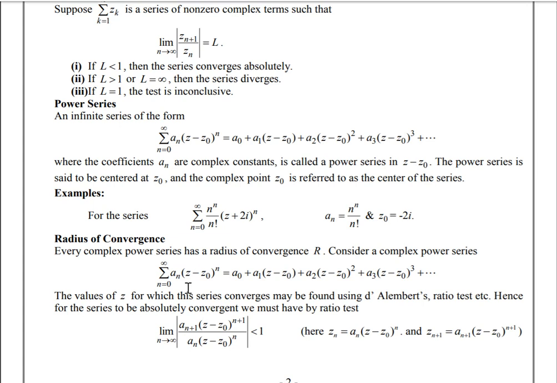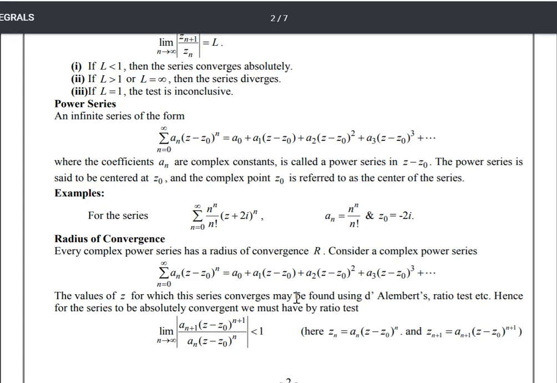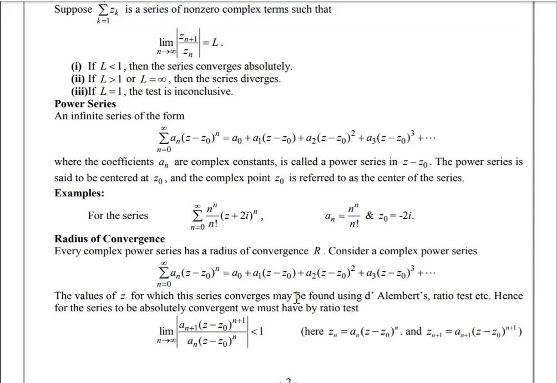Consider this complex power series. The values of z for which the series converges may be found by D'Alembert's ratio test. Here the series converges absolutely by the ratio test. Here Zn is an times z minus z naught to the power n, and Zn plus 1 is an plus 1 times z minus z naught to the power n plus 1.